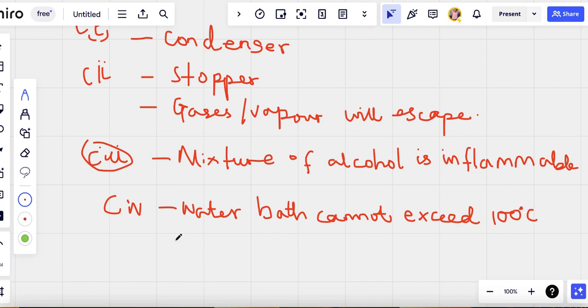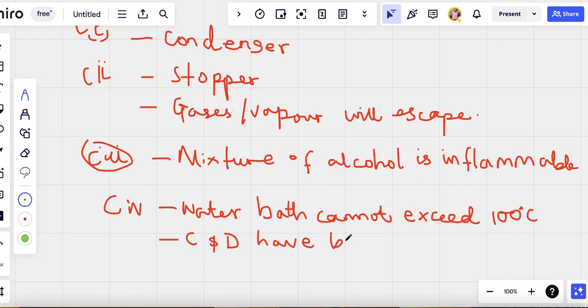Since it's 2 marks, you have to write 2 sentences. So the next sentence will be: C and D have a boiling point above 100 degrees Celsius. This is plural, two things, so "have".